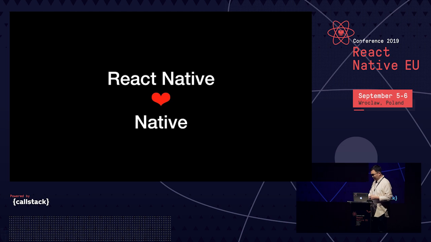So, yeah, it was quite a journey for me, and I found that React Native loves native, and we've been hearing a lot on this stage, like TV and macOS and Windows support.